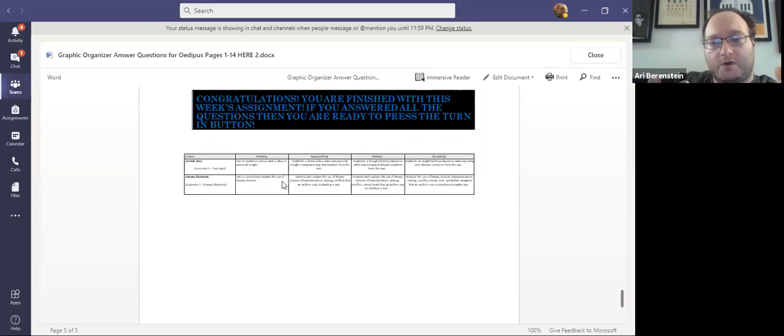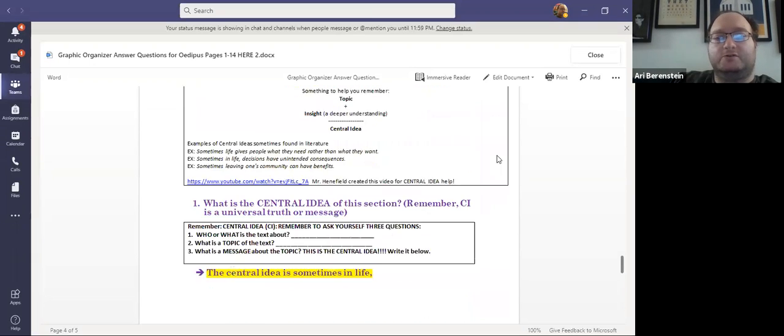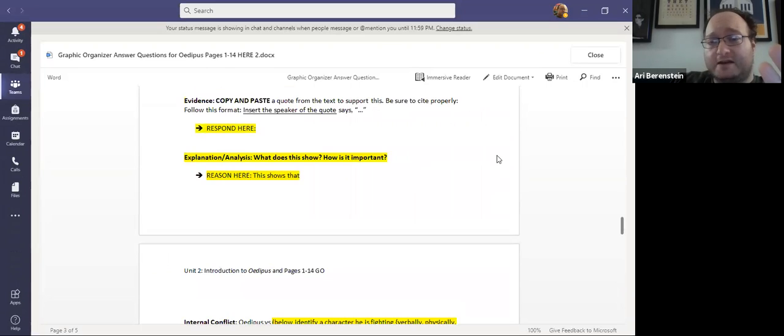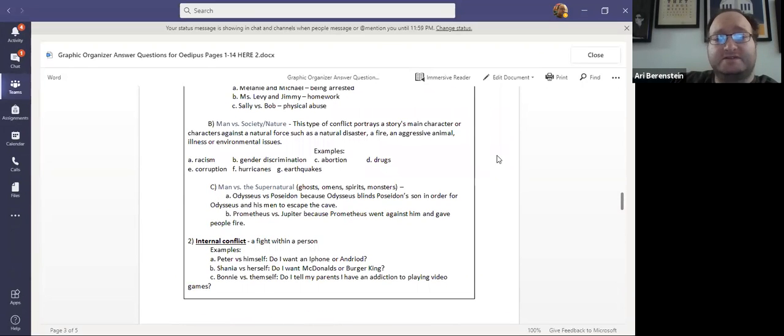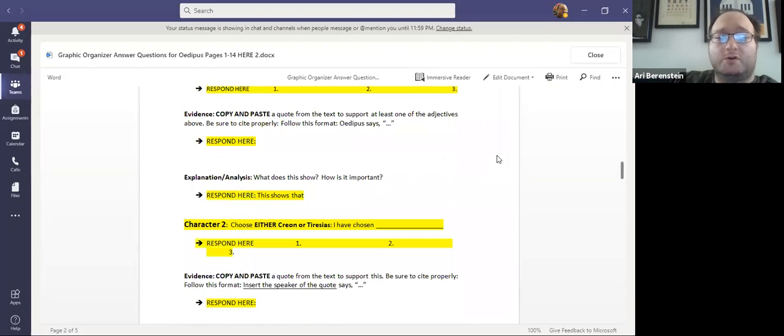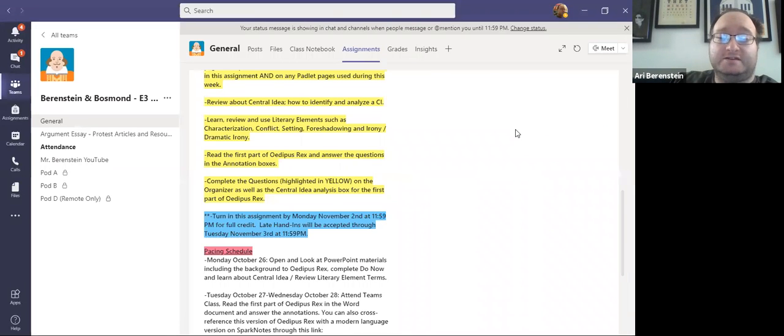If you've answered all the questions, you're ready to turn it in and submit. But please remember, do not turn in your work until you are satisfied that the work you're doing is going to get you a good grade. Do not turn in a blank document. I've posted several times about how to work around that, and you can send me information directly in the chat if you're having issues writing your answers.